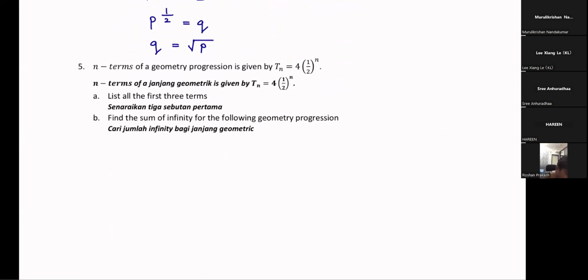Okay, the n terms of the geometry progression is given by this. List all the first 3 terms. If this is an easy question. Okay, your Tn, substitute the values one by one.